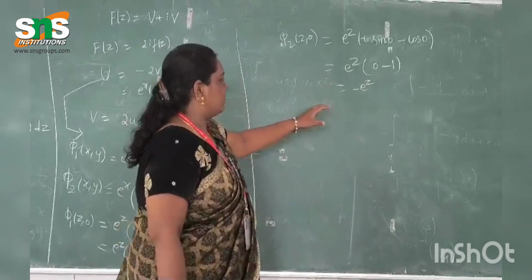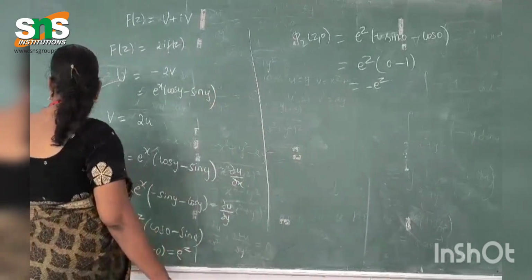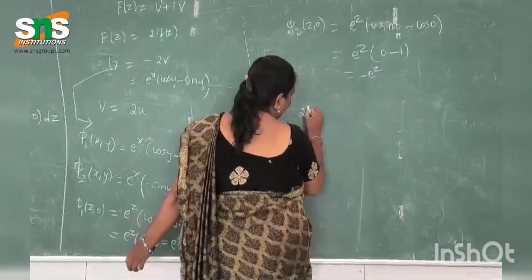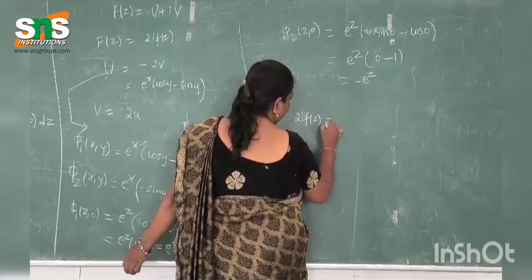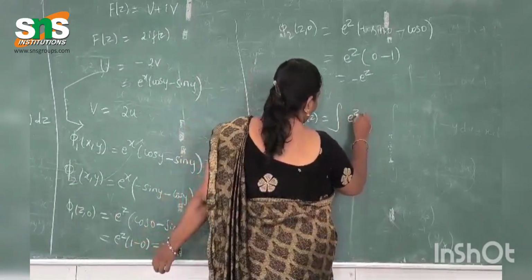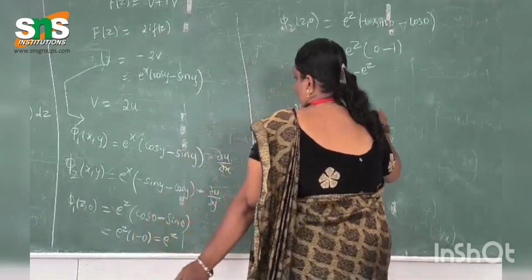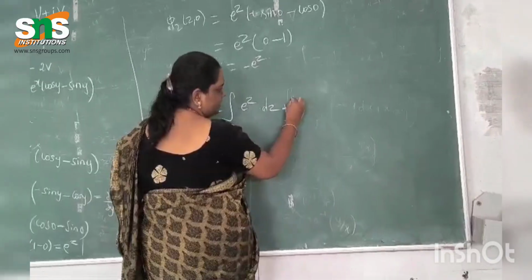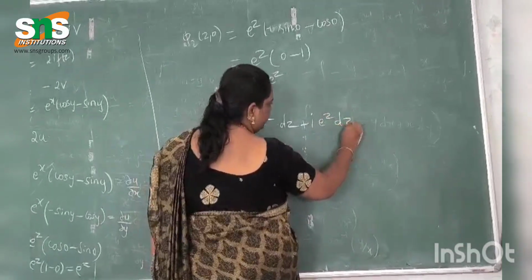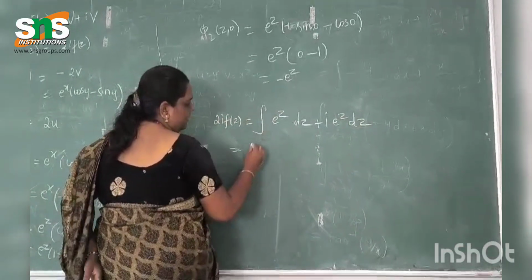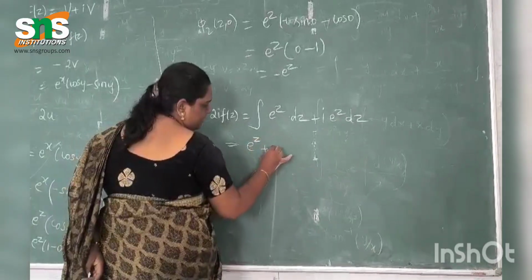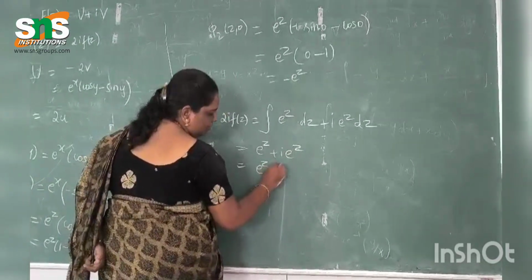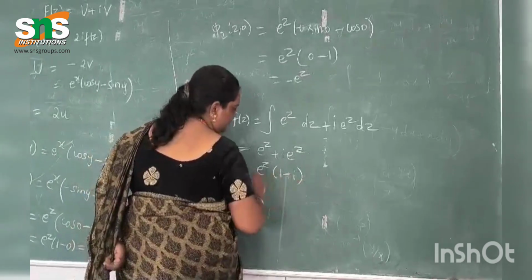So now we substitute those values in the formula. The small f of z, which is 2i f of z, equals the integral of e power z into dz minus of minus, so plus i into e power z into dz. By integrating this, we get e power z plus i into e power z. Taking e power z as common, e power z into 1 plus i.